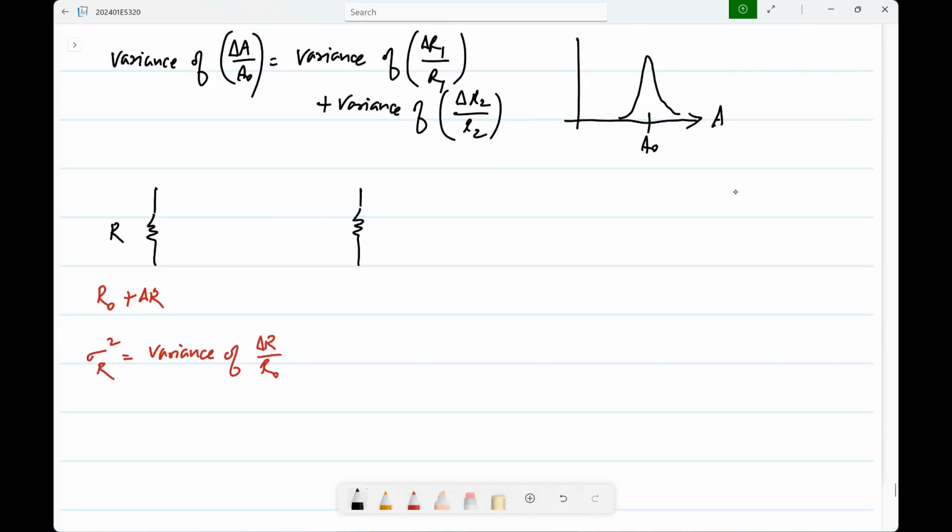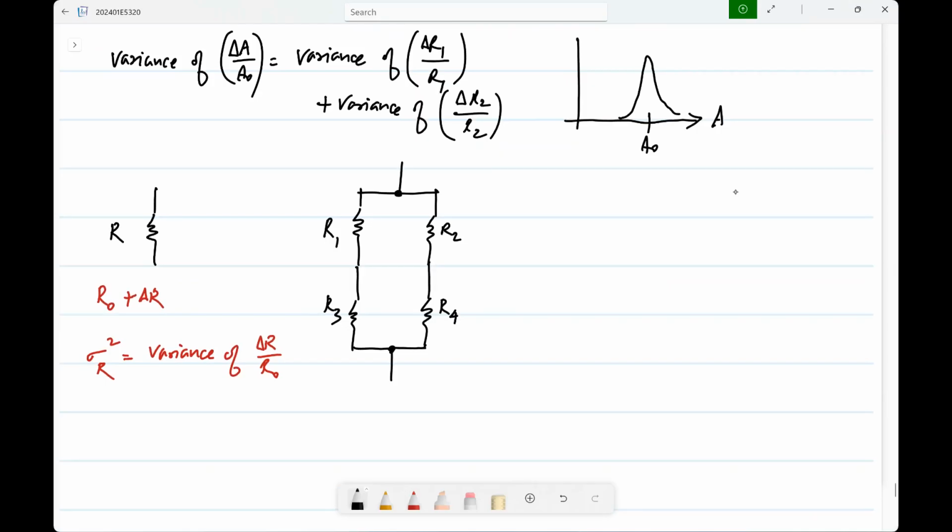So now what I'll do is I'll connect 4 units of these together. Nominally they're all the same. Okay, I do this.